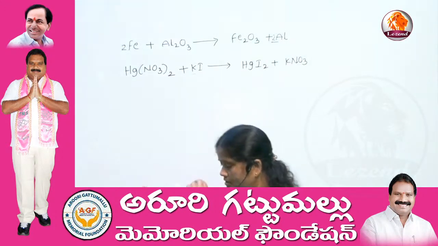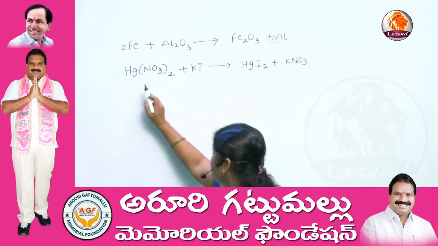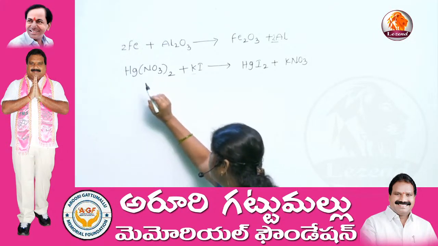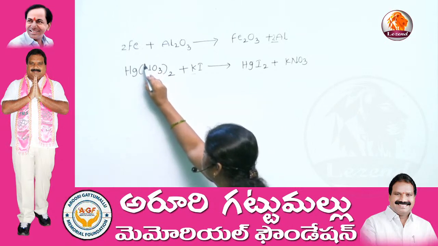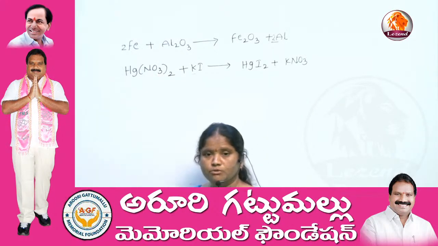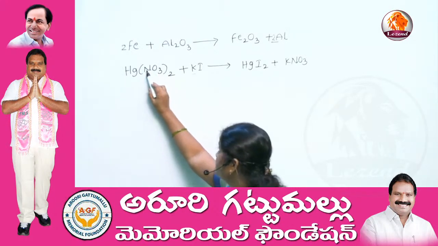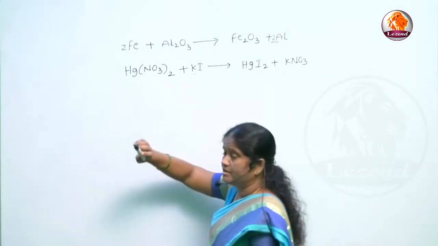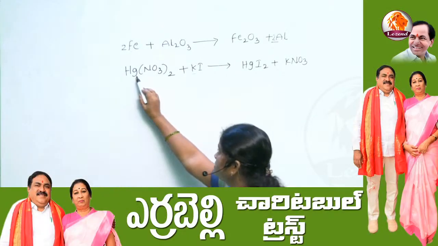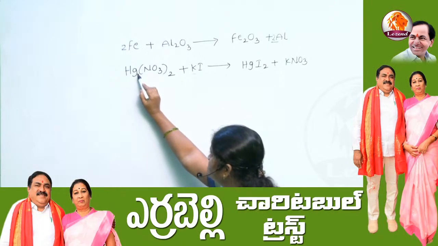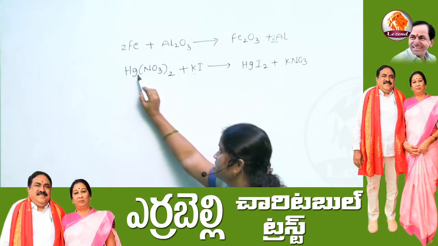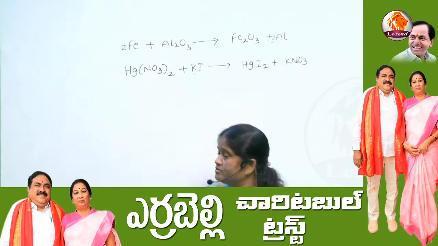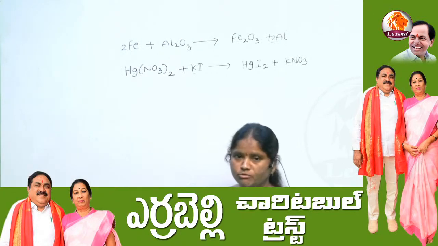So this 2 belongs to the group NO3: 2 atoms of nitrogen, 2 threes are 6 atoms of oxygen. But for mercury there is no subscript, so there is only 1 atom of mercury.